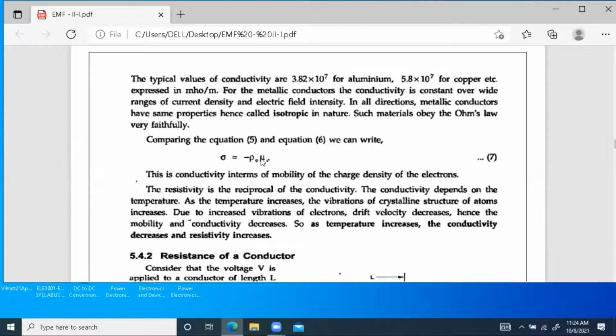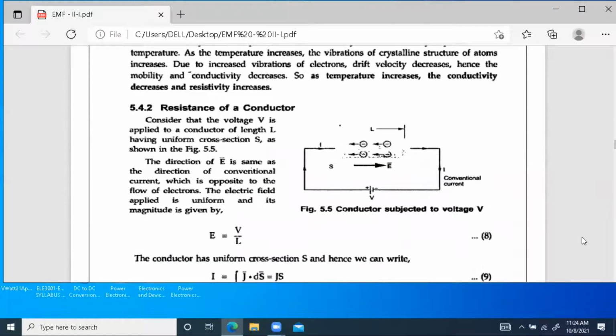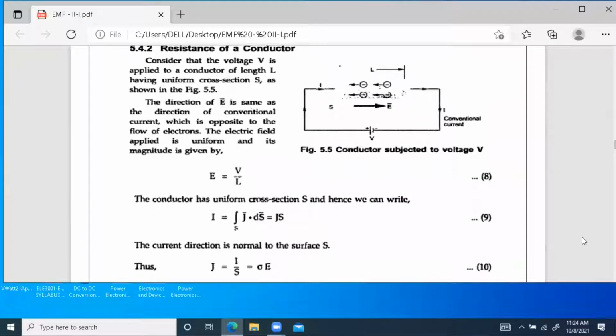Conductivity equals rho_e times mu. So let's relate that to what you knew all along.